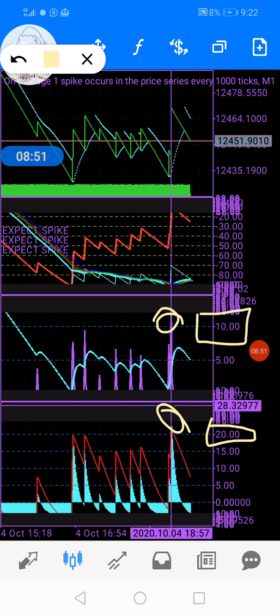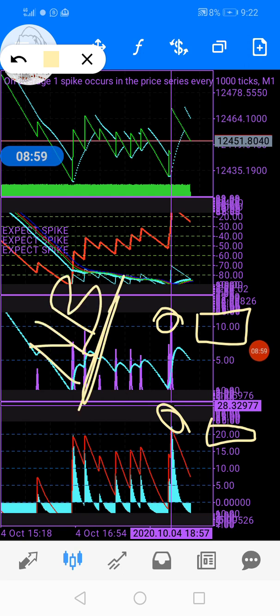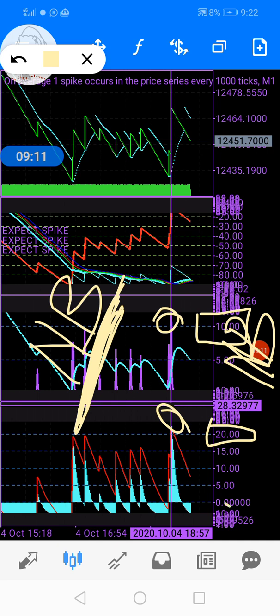You understand? So this indicator right here, pay attention to it. All right, pay a lot of attention to this indicator right there, and also pay a lot of attention to these levels right there.